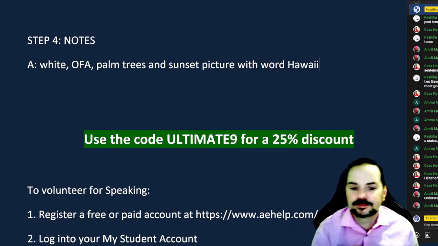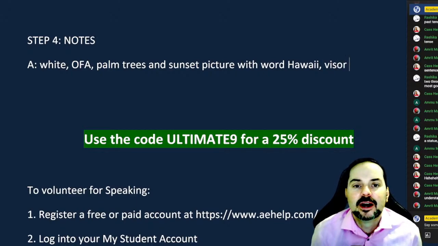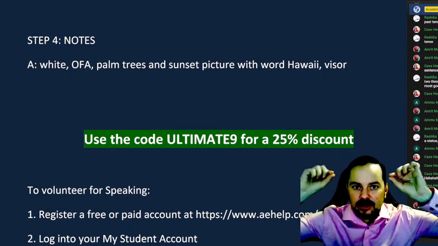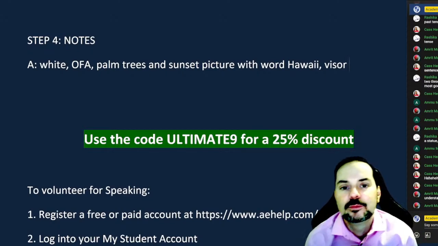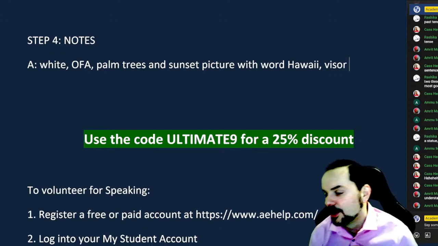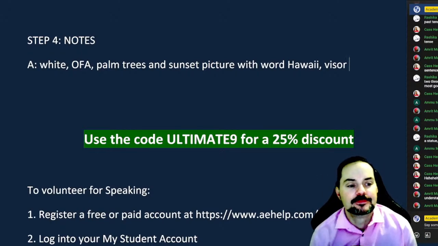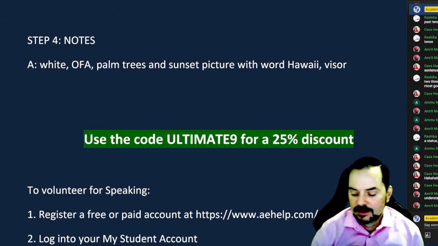Okay. All right. It's got a nice big visor. It's called a visor, that part of the baseball hat at the front there. You'll see why that will become an important word here in a moment. So that is the appearance of the hat.